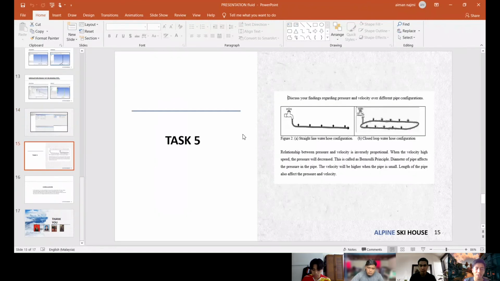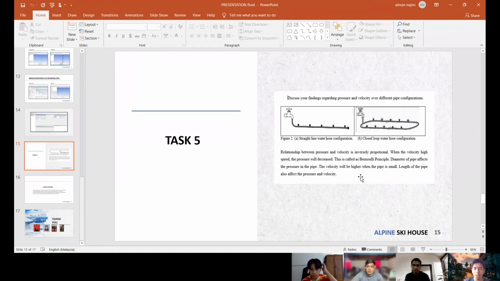Okay, for the last task 5, discuss your findings regarding pressure and velocity over the different pipe configuration. From the discussion, we can conclude that the relationship between pressure and velocity is inversely proportional. When the velocity is high, the pressure will decrease, and vice versa.